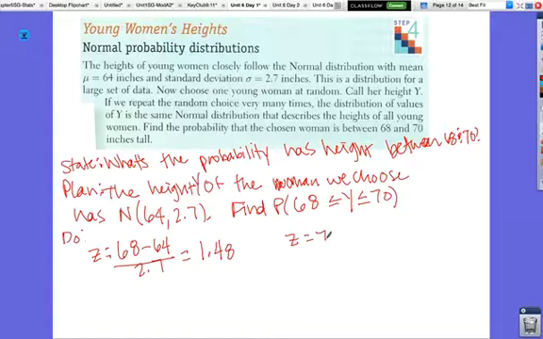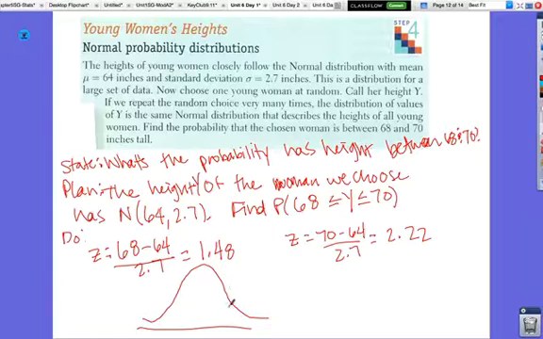The second one, we would do 70 minus 64 over 2.7. And when we got that, we would have 2.22. And so basically, we would have our distribution, and we would be looking from 68 to 70.